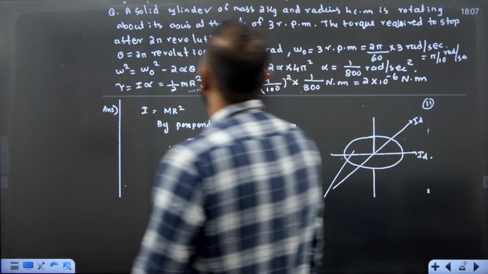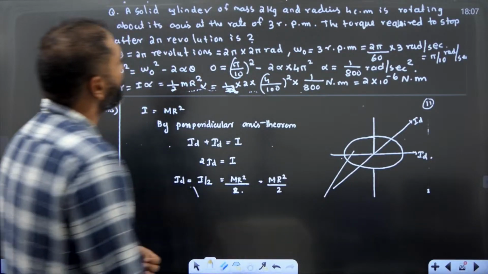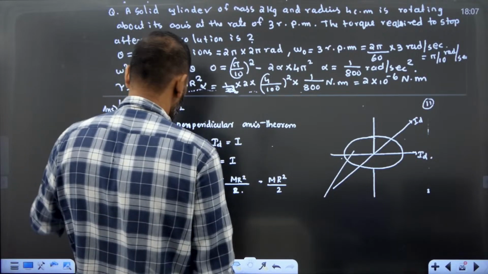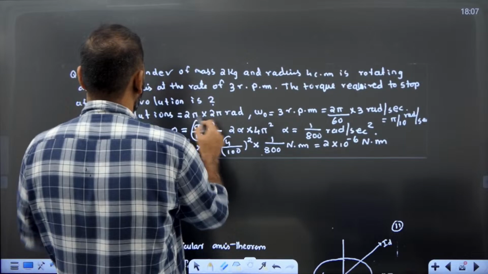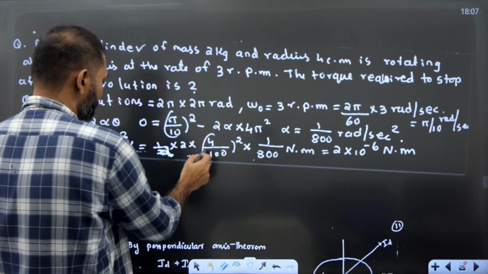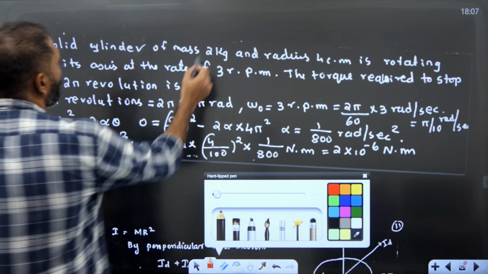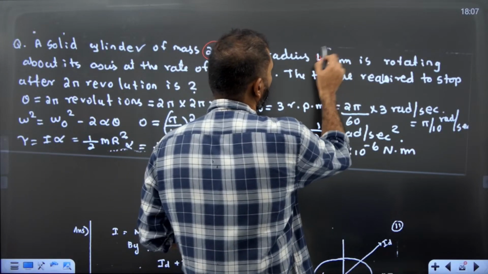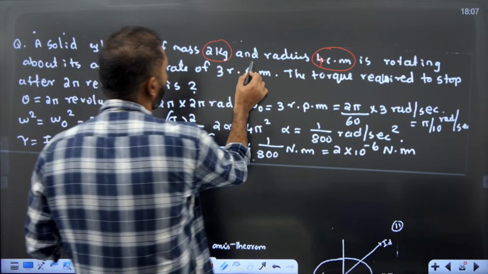Next problem. A solid cylinder of mass 2 kilogram and radius 4 centimeter is rotating about its axis at the rate of 3 rpm.